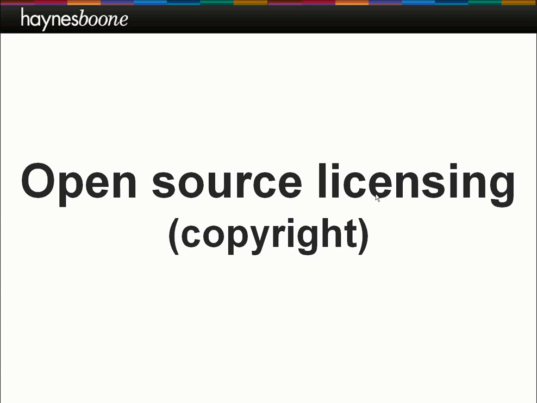So, to sum up here, open source software, like other software, is primarily controlled via copyright. Now, the source code, just like other works, is copyrighted as soon as it is created and fixed in a tangible medium. That means as soon as you write it down and save it to your hard disk.